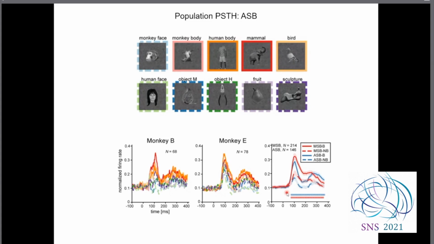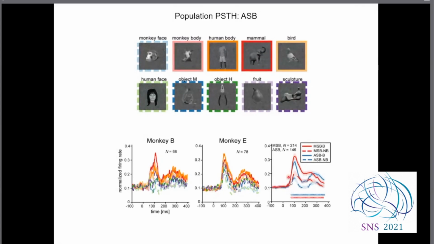So we expect that ASB gets input from MSB, but we didn't see a clear difference in latency. However, when we look at the selectivity for bodies compared to non-bodies, then we see some differences. So the body selectivity is somewhat earlier in MSB compared to ASB.